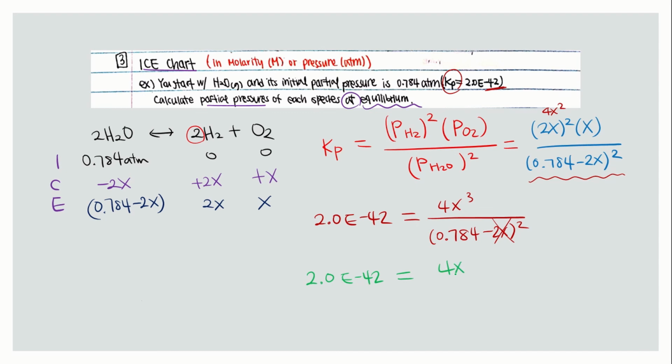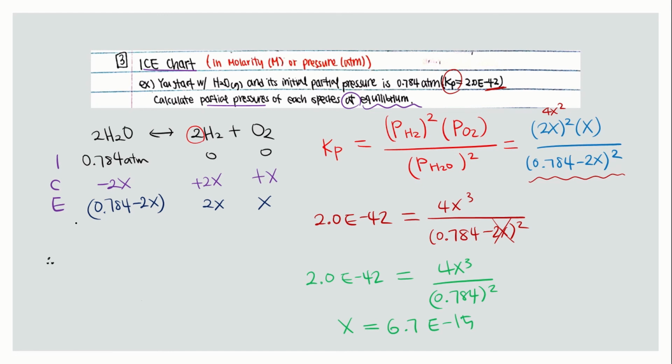That equals 4x cubed over 0.784 squared, and you solve for x, which you get 6.7 E negative 15. And then with this x value you just calculated, you can get the partial pressures of each species.